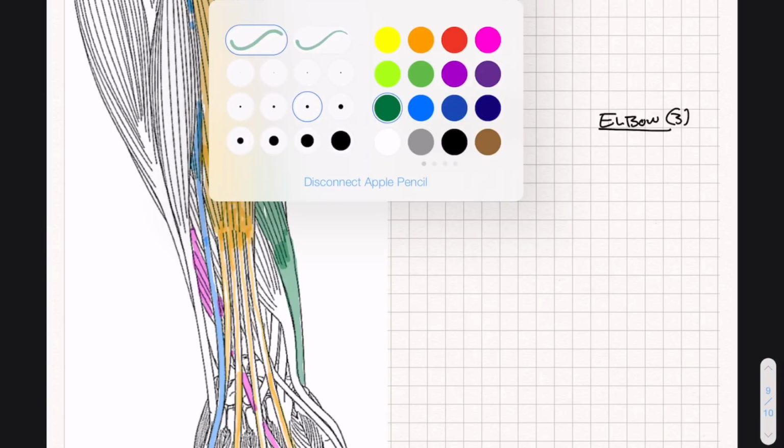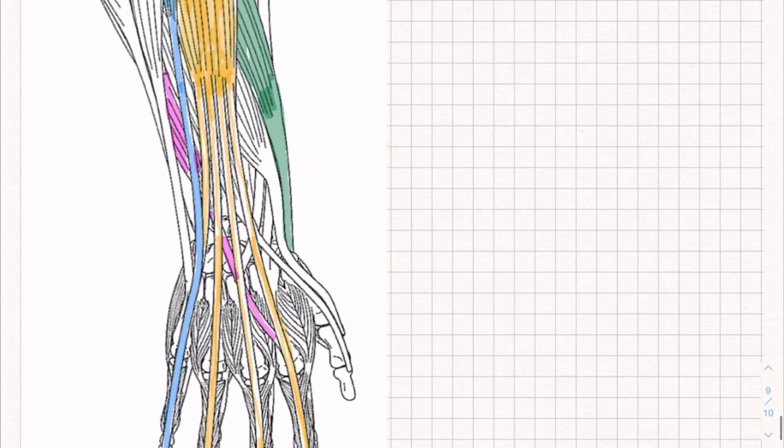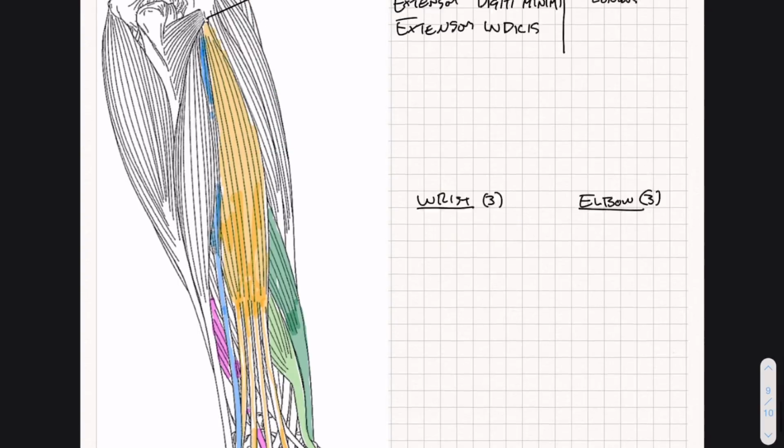The next one we are going to talk about is this one. So this one is going to more of the back surface of the thumb, where if it pulls it would extend.